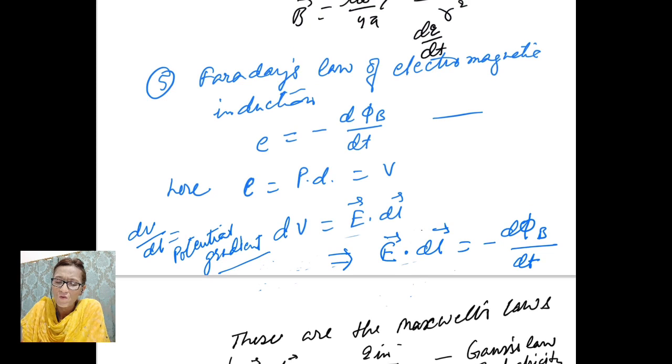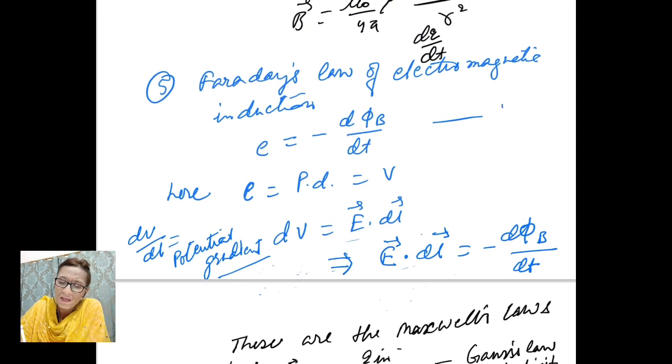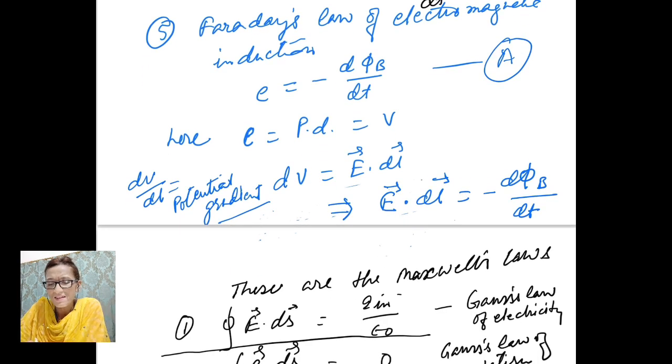And then from this equation, I am writing A, you can find that this rate of change of magnetic flux is equal to E dl. So it suggests that a changing magnetic flux produces electric field.